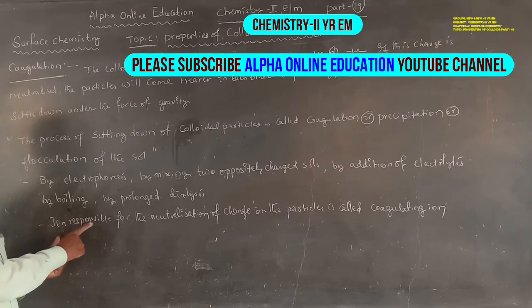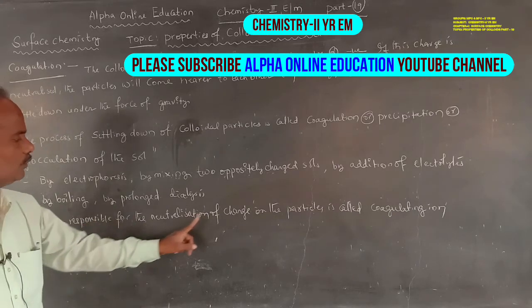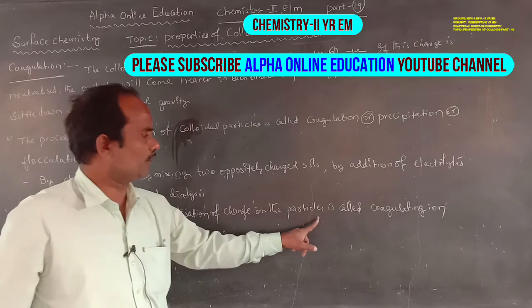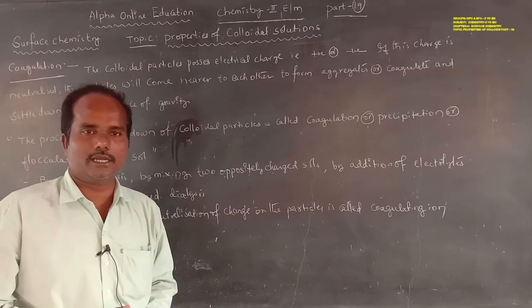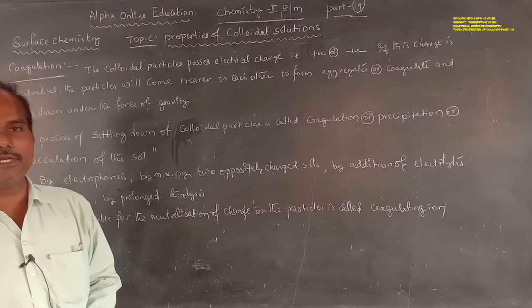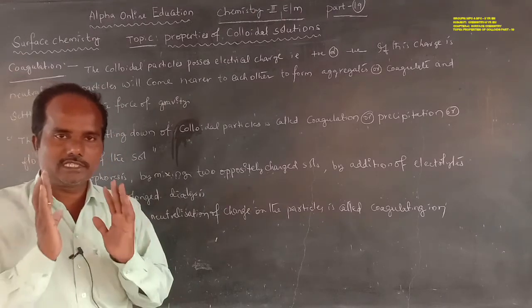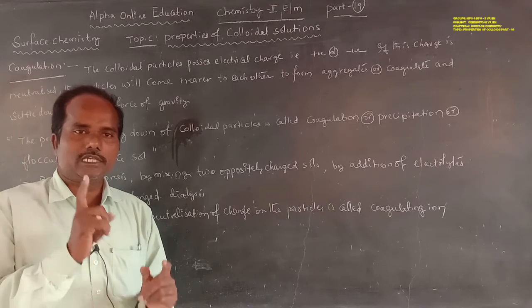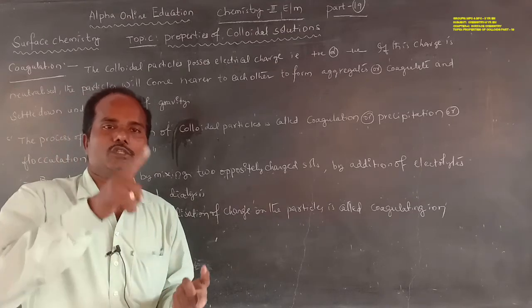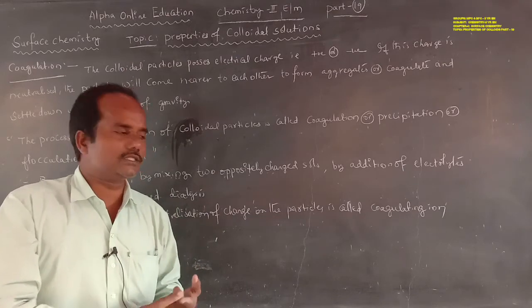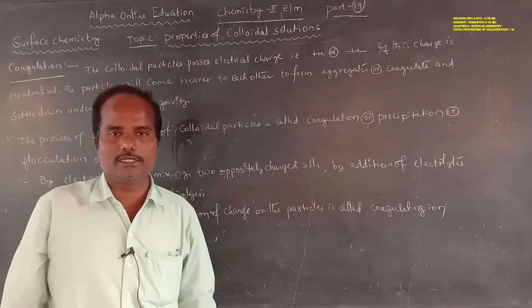That's why the ion responsible for neutralization of charge on the particles is called the coagulating ion. So the coagulating ion is the ion responsible for the neutralization of the colloidal particles' charge.